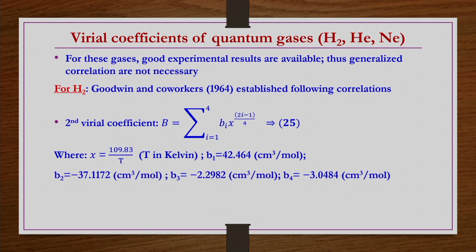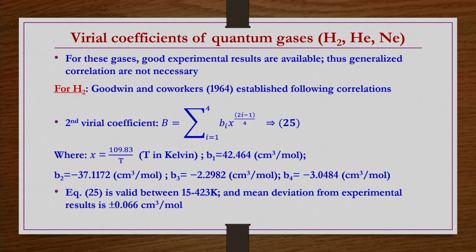This correlation for B is valid in the temperature range of 15 to 423 Kelvin, and the mean deviation from experimental data is very small, plus or minus 0.066 centimeter cube per mole.